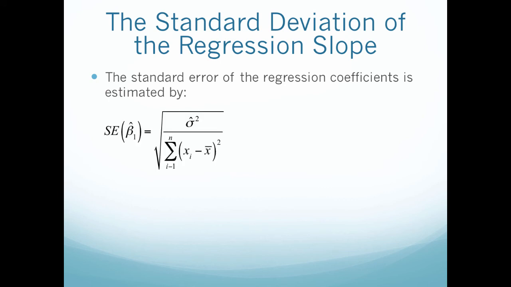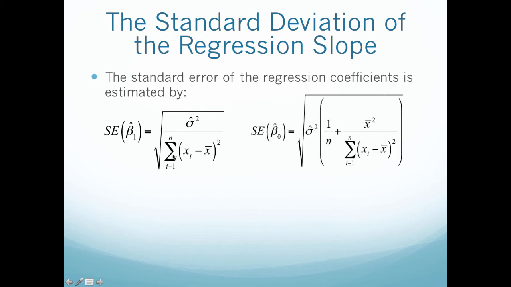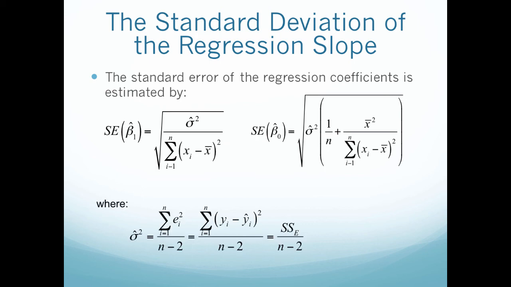So the standard error of my slope can be found this way, where I have sigma squared hat, so the predicted variance, all over the observed x minus my average x quantity squared, and then all of those summed together. And then the standard error of my y-intercept can be found with this formula. So they kind of look big and ugly, but we'll get to some ways to make it faster in a minute. So where sigma squared itself equals all of this mess, or simply put, the sum of squares error divided by n minus 2.